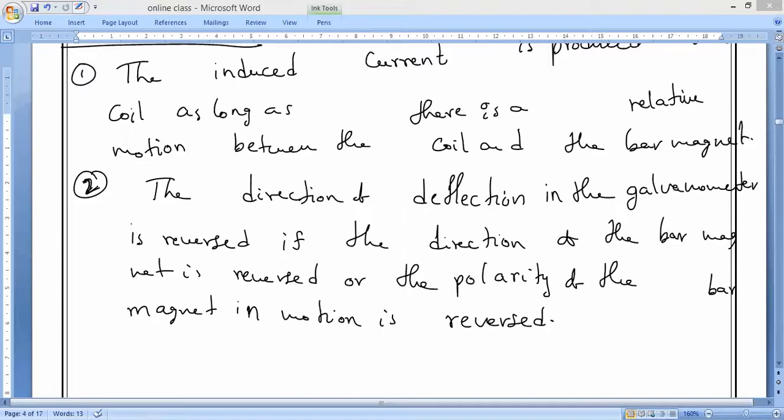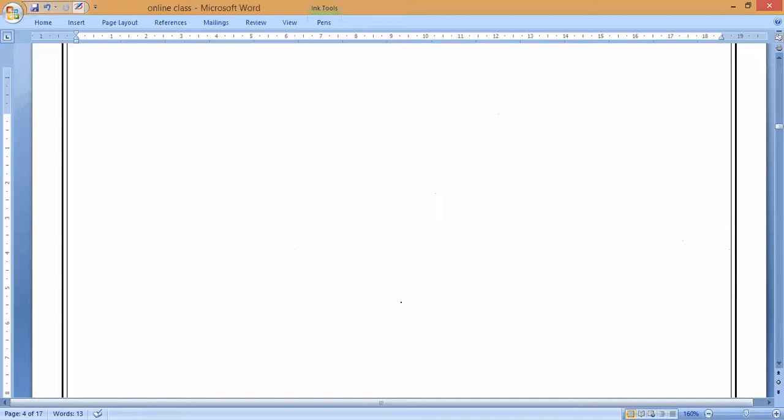Now you can find the direction of the magnetic field and induced current and everything by using two rules actually. But in class 10th you will study only a single rule, and in 12th class you will study the remaining rule. Like in the electric motor, where you use Fleming's left hand thumb rule, here we can find the direction of induced current.